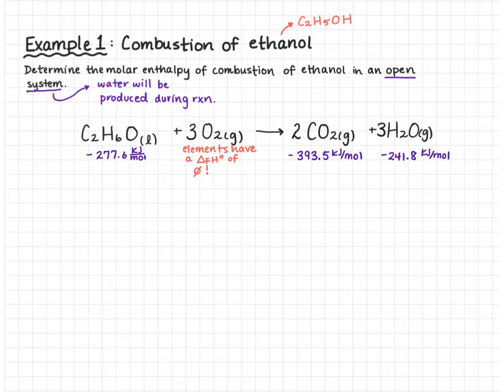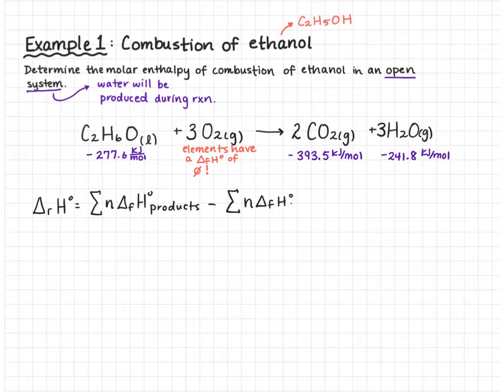So I'm going to write down our equation here. Our overall reaction enthalpy, delta rH, is going to equal the sum of the coefficients multiplied by the formation enthalpy of our products, minus the sum of the coefficients times the formation enthalpy of our reactants. We're going to start plugging in numbers now. Products first.